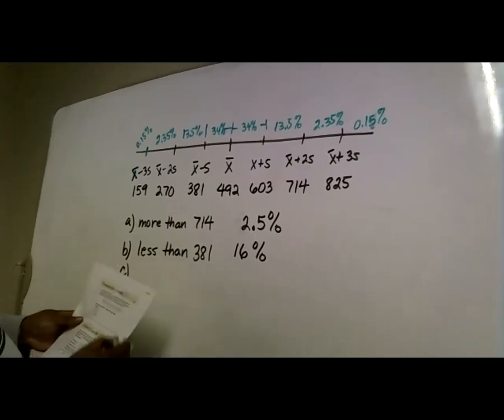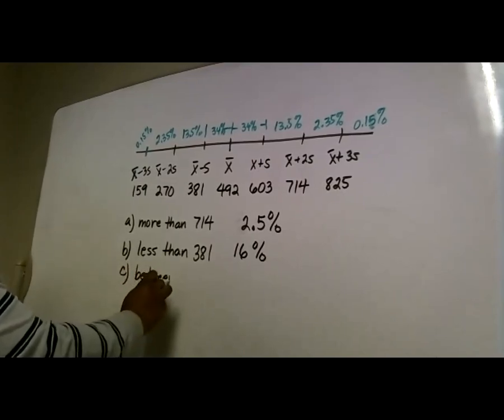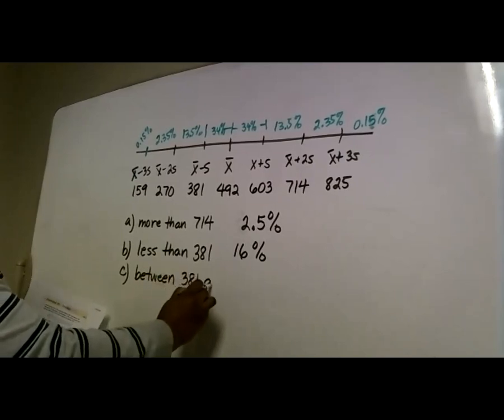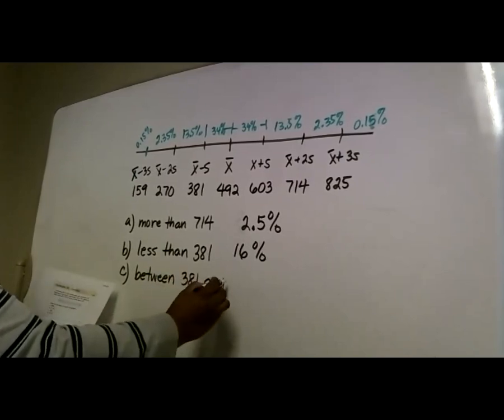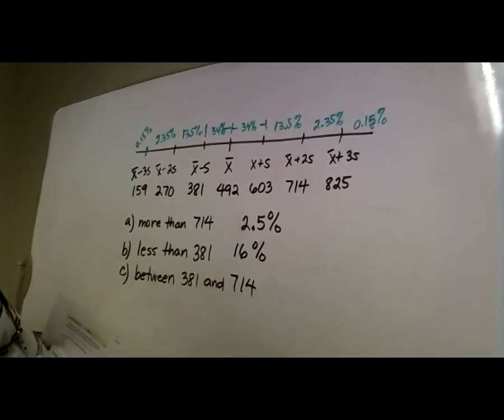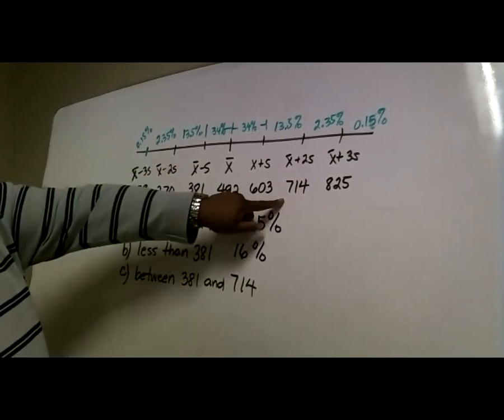Okay, and then part C, between 381 and 714. Let's see, here's 381 and there's 714 right here.